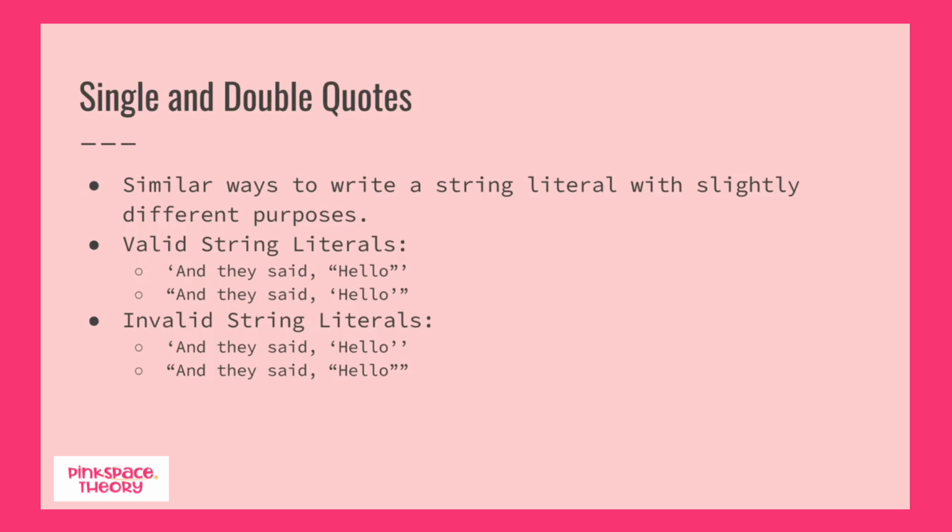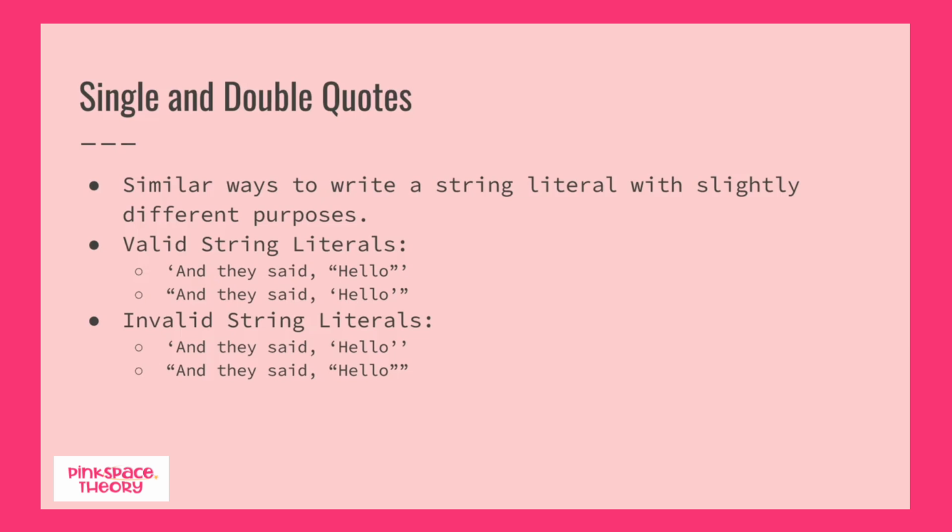Now, single and double quotes are two very similar ways to write a string literal, and they each have a slightly different purpose. Single quotes are used so that inside of the text you can use double quotes and it will save as a single variable, a single piece of data.